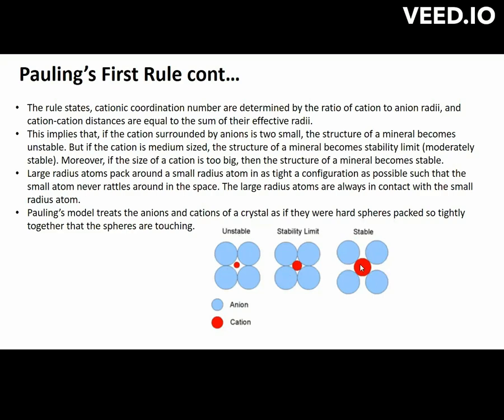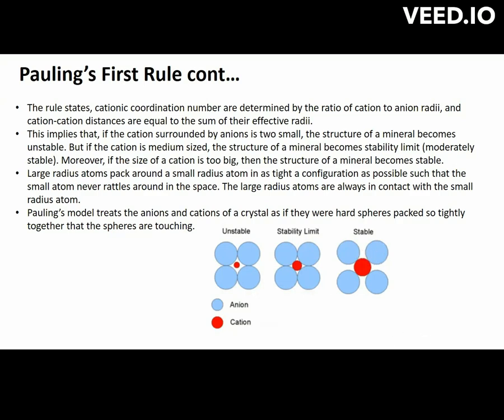Why? Because now the cation is tightly attached to the surrounding anions. This implies that if the cation surrounded by anions is too small, like this case, the structure of the mineral becomes unstable. If it's medium sized, like this one, it becomes moderately stable. But if it is like this, which does not allow rattling, then it becomes more stable.